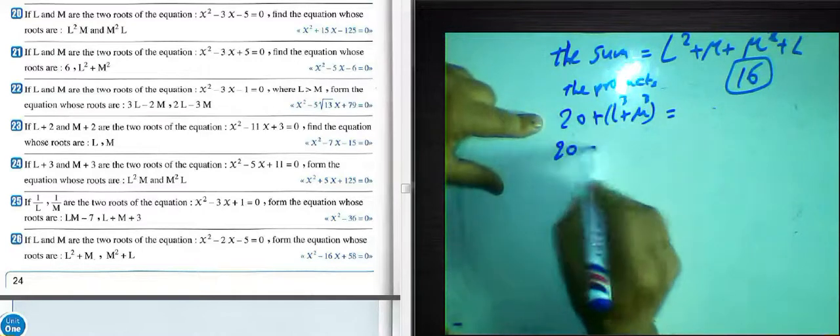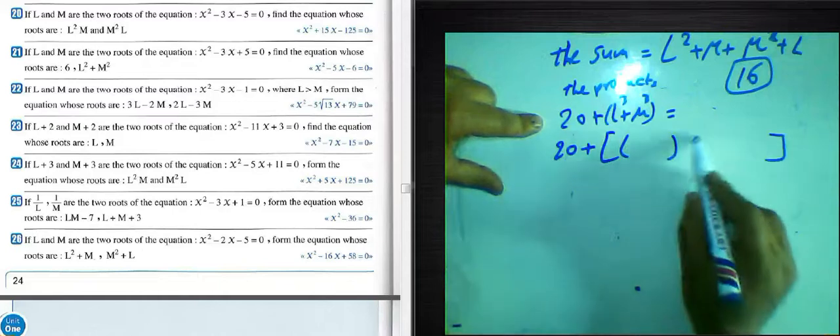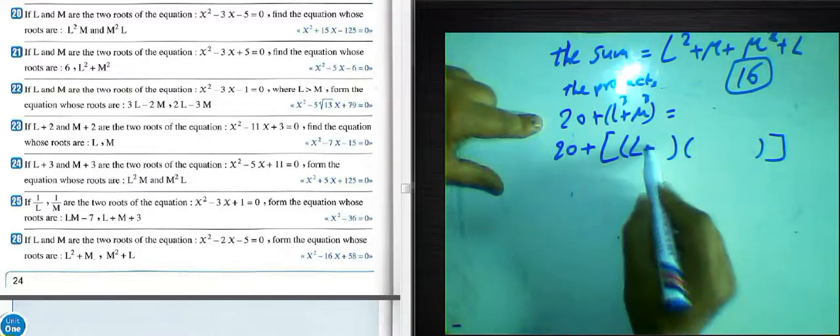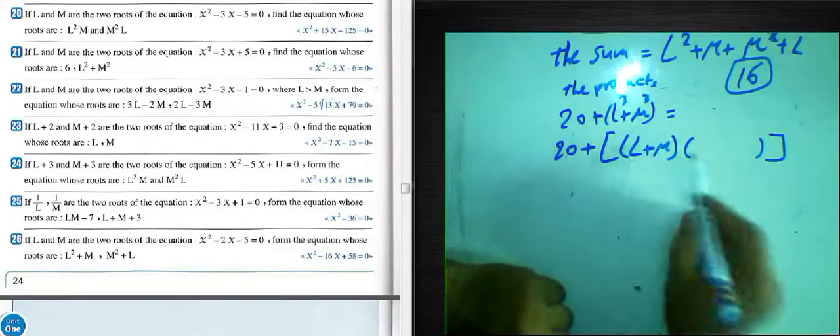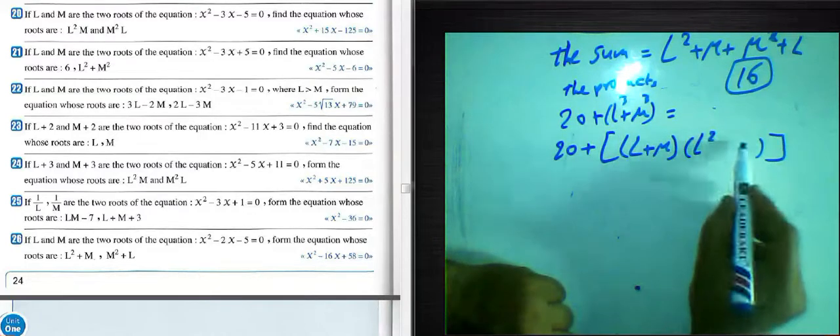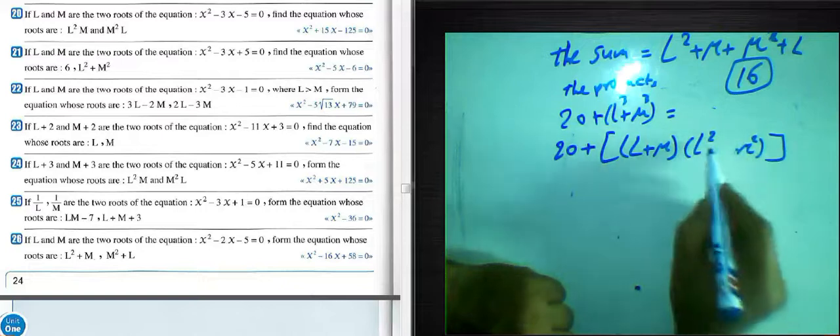We know L power 3 plus M power 3 we can factorize: L plus M, cube root of first and cube root of second, L power 2, M power 2, subtract LM. Okay, it's clear.